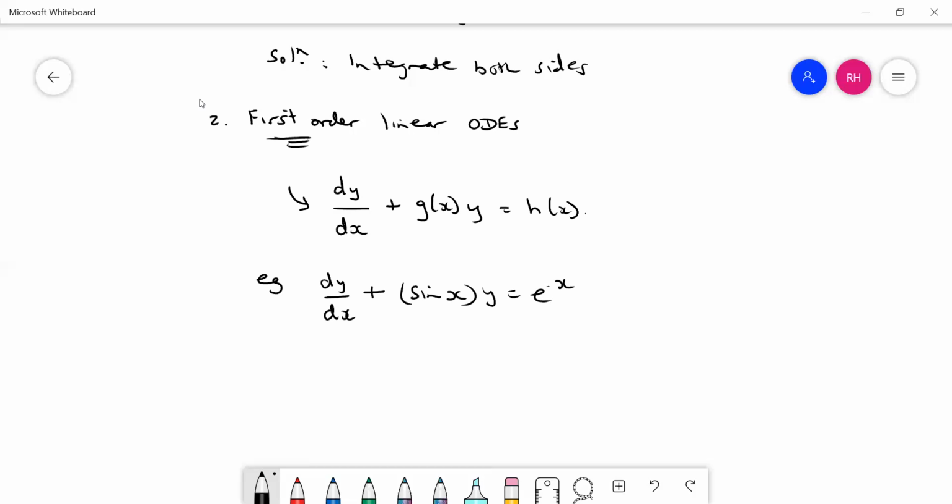So that's a first order linear differential equation. Now, as I said, one little line on how to solve. Solution: you're going to multiply both sides by an integrating factor.